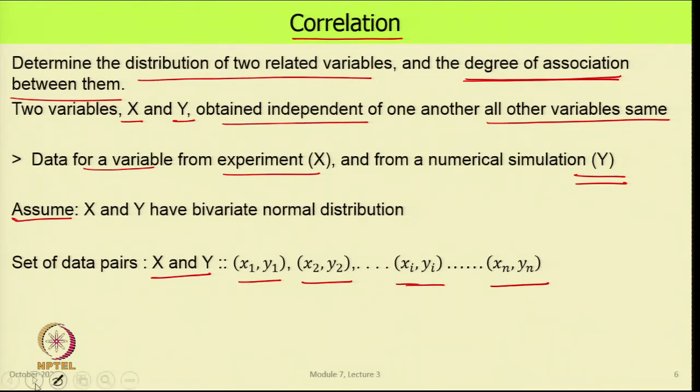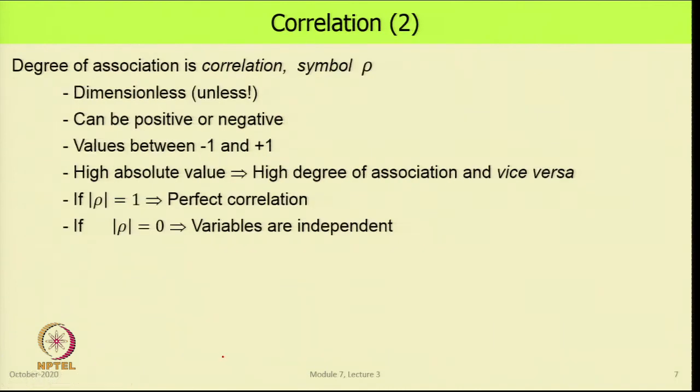And now we say, what does the correlation tell us? So, first we look at the degree of association of the two parameters, which is correlation, and its symbol for the population correlation is rho. First of all, generally rho is dimensionless as long as x and y are the same parameter, but coming from two different sources.